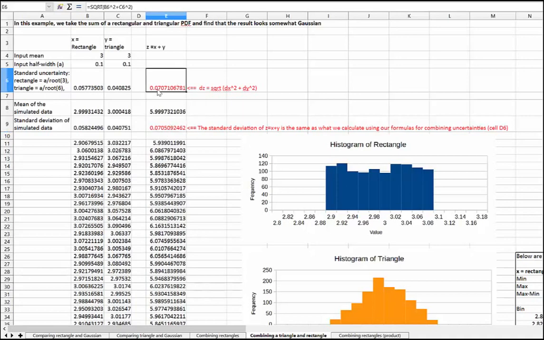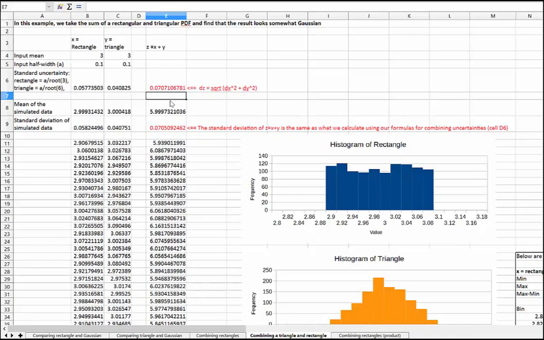If we compare it to the calculated standard deviation, if I had just used the standard uncertainties as a over root 3 and a over root 6, I would also get this 0.071. So again, the simulation is giving us the same information that our standard uncertainty propagation calculations are.